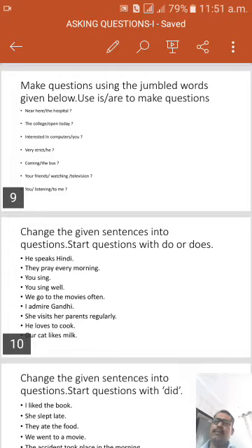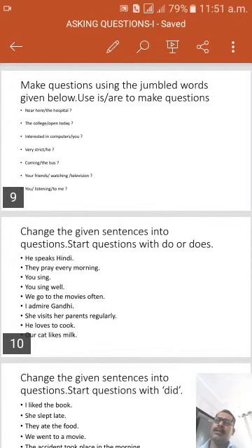Do you sing well? Do you go to the movies often? Do you admire Gandhi? Does she visit her parents regularly? Does he love to cook? Does your cat like milk?